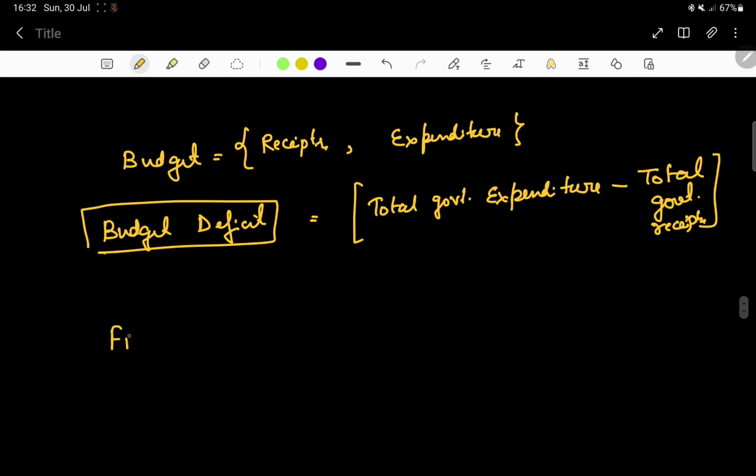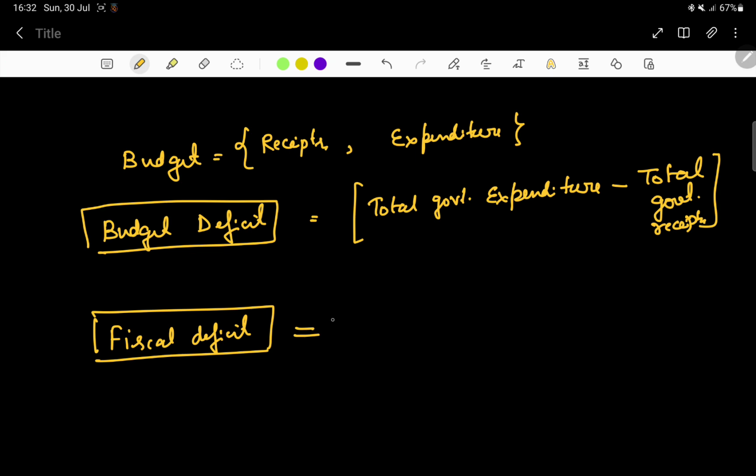And one very important concept is called fiscal deficit. What is fiscal deficit all about? You can remember it in a very layman way: it is the total borrowing need of the economy.